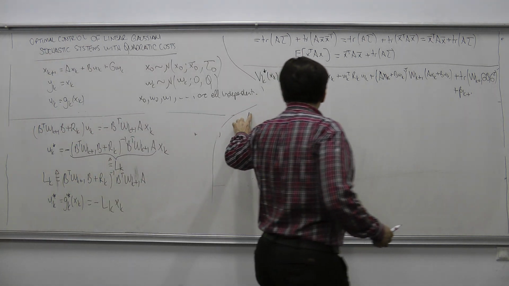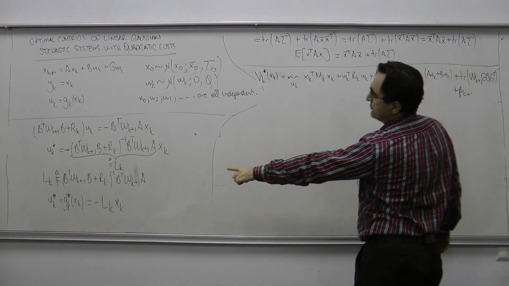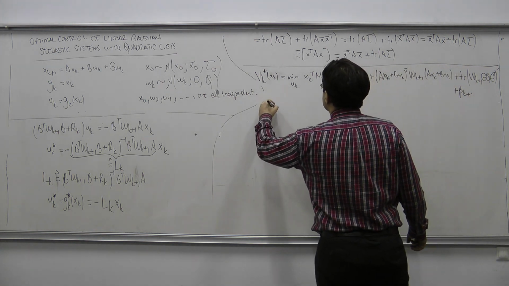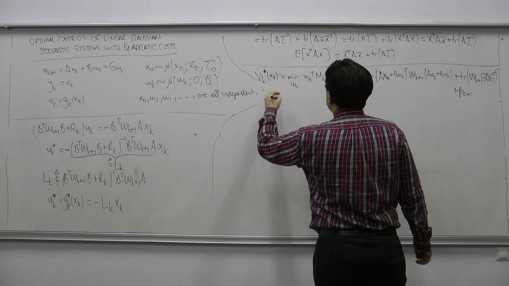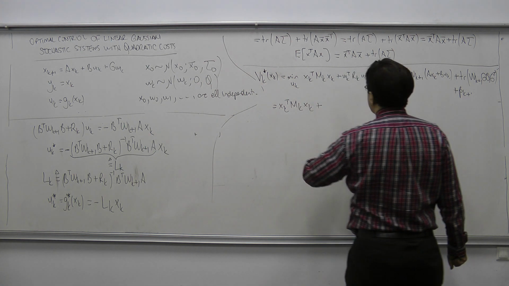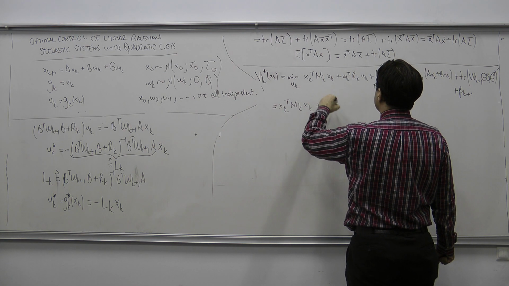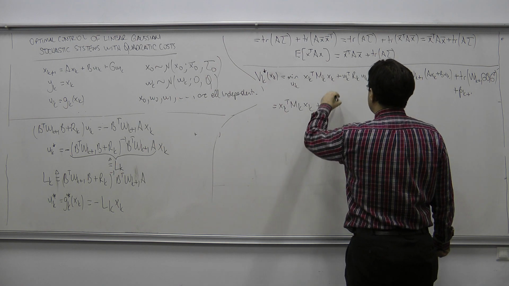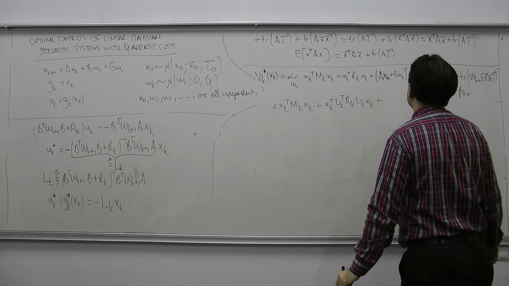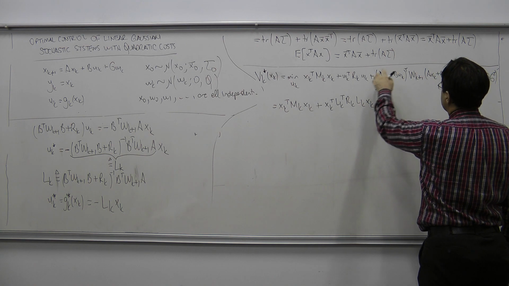So now I need to calculate Vk star of xk, and for that I will substitute that optimal input here into this function. Okay? Let us do that. I have already calculated the minimum. Xk transpose Mk xk plus, let us substitute the optimal input. So I would have here xk transpose of the input. It is Lk transpose Rk Lk xk plus, now instead of the state I would substitute that.